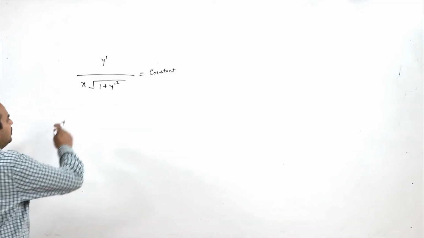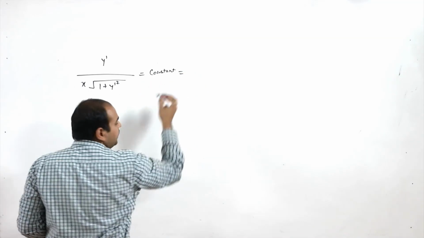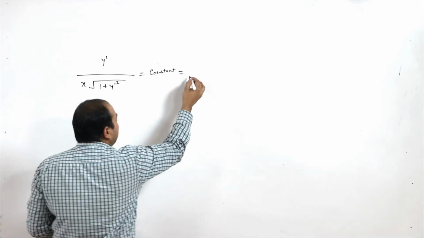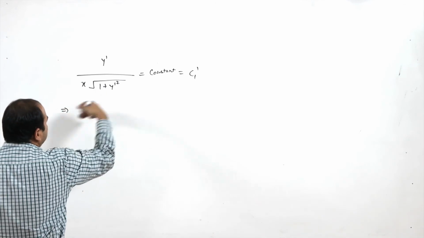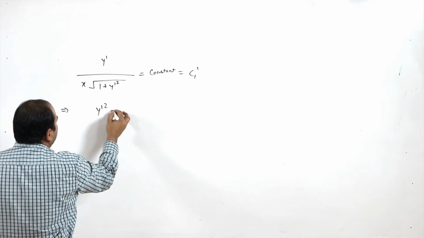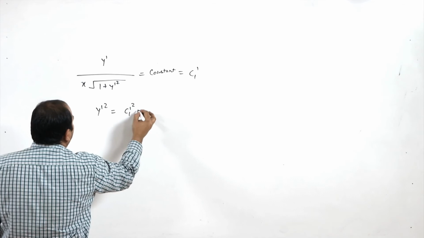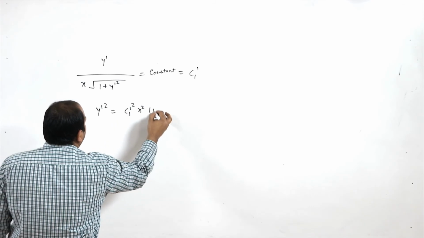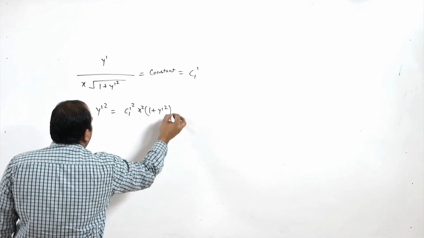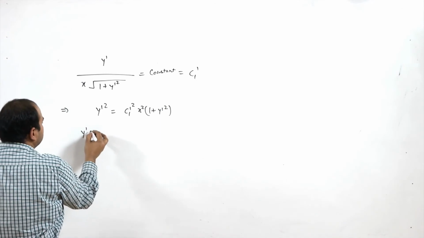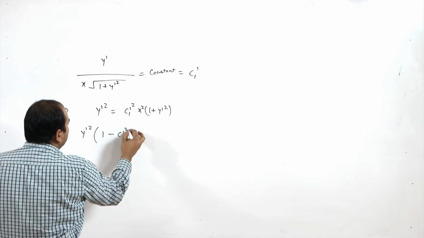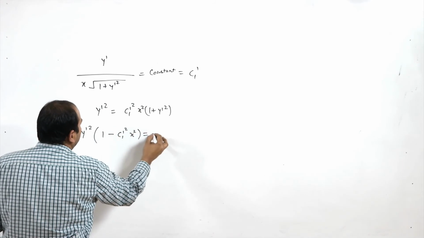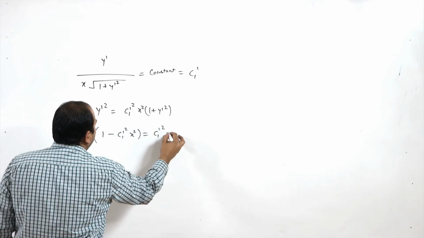Let us take this constant, which we called C1 dash. We can square it and say y dash square is equal to C1 dash square x square times 1 plus y dash square. If you simplify, 1 minus C1 dash square x square times y dash square equals C1 dash square x square.